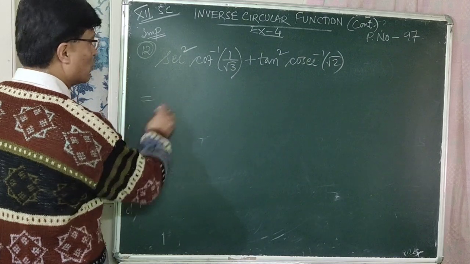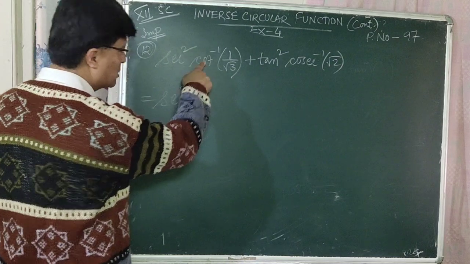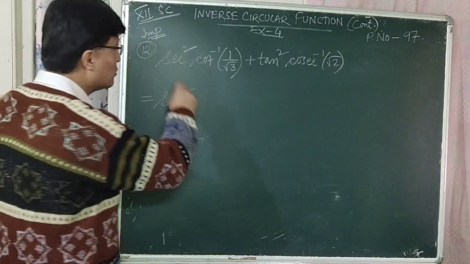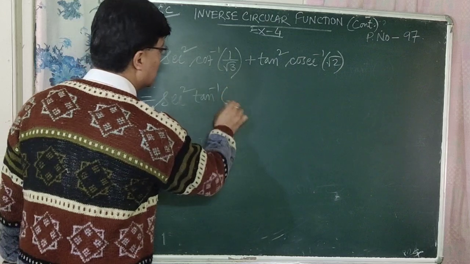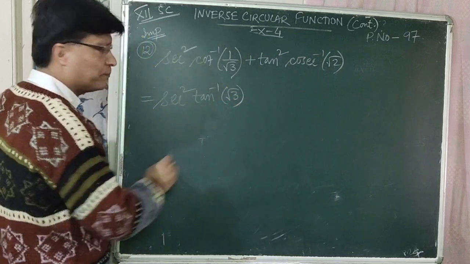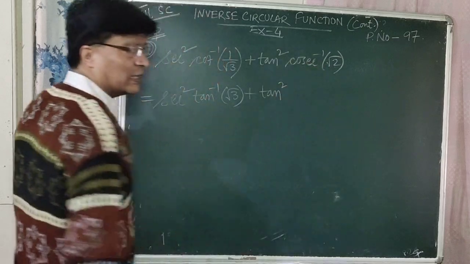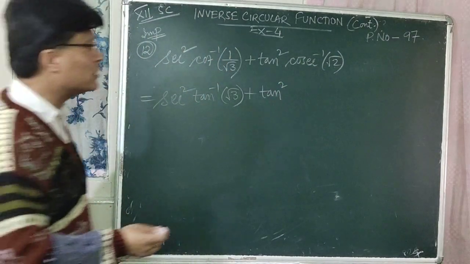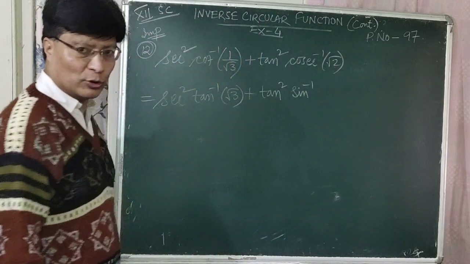So which is equal to sec square. Now convert this cot inverse into tan inverse. What will you do? Tan inverse upside down, it is root 3, right? Plus tan square cosec inverse, change it into sin inverse. Sin inverse, make it upside down, root 2.